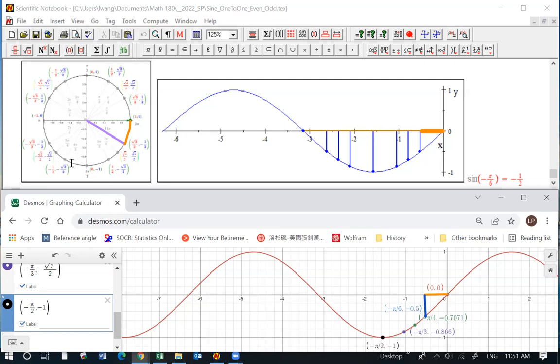So for -2 pi over 3, the ratio is a negative square root of 3 over 2. Okay, the red dot marked. So mark this red dot by this point. Okay, I'm going to keep going.